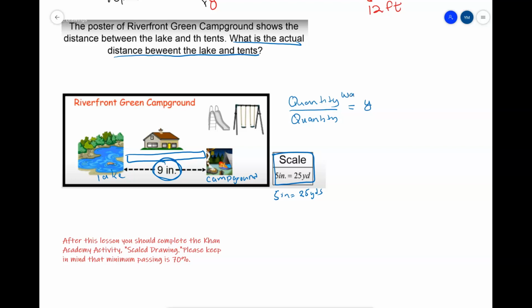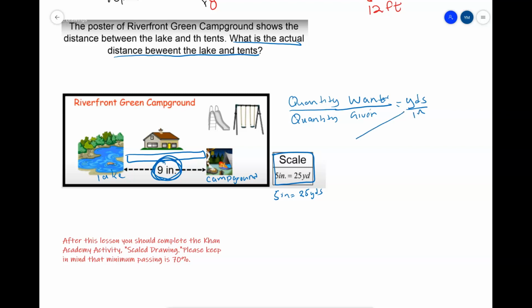Quantity wanted. Let me write this a little bit neater. Okay, here we go. What we want is the quantity that we want out of the quantity that is given. The quantity that we want is in yards, out of the quantity that is given to us, which is in inches.